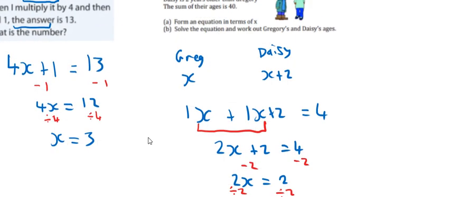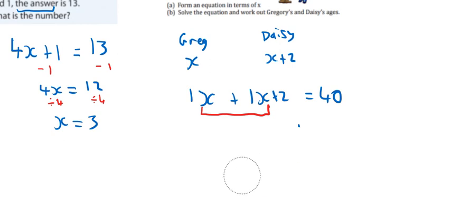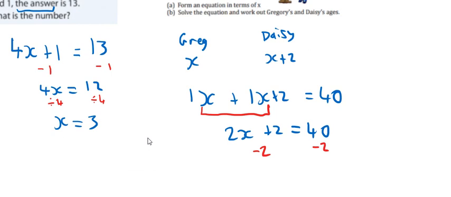Actually, I forgot to put in the 0 beside 40 up here. So our equation should have been 1x plus 1x plus 2 equals 40. So if I add the two x's together, 2x plus 2 equals 40. It's the same steps, it's just we're subtracting 40 instead.